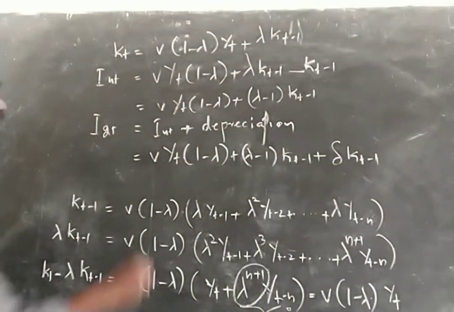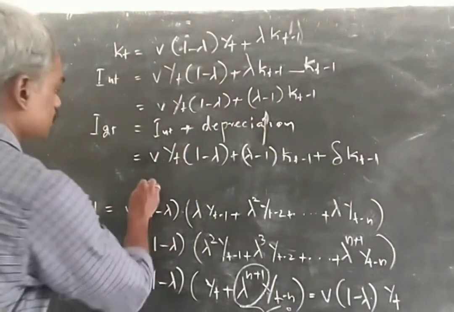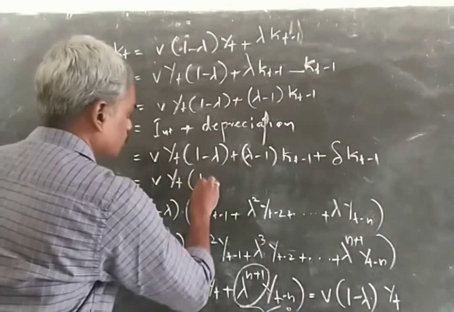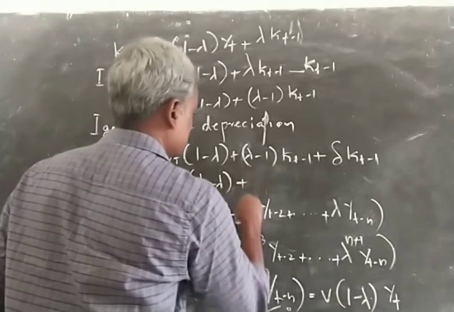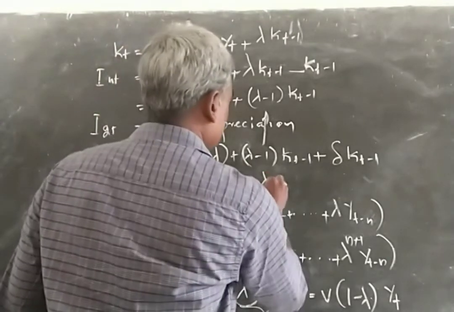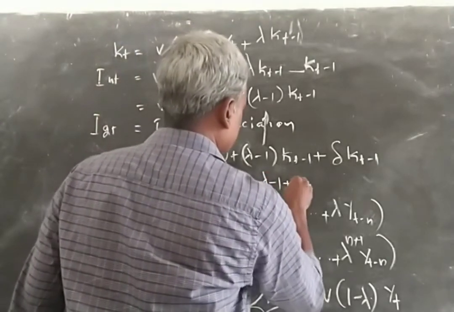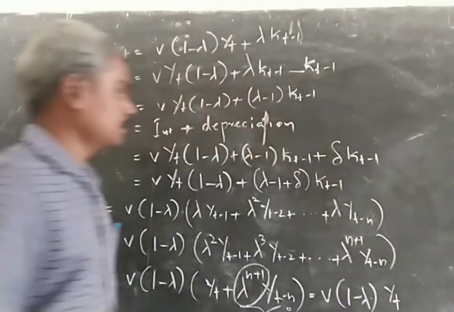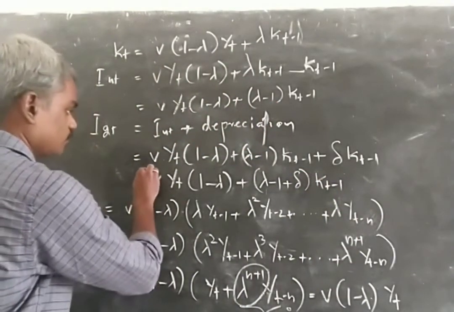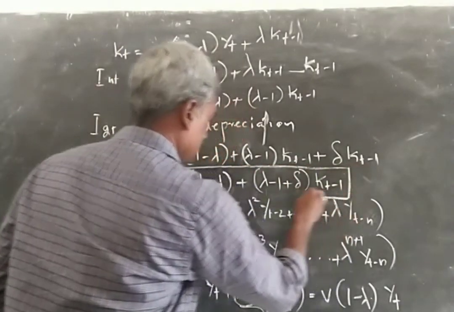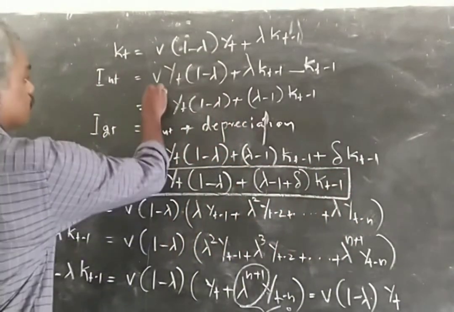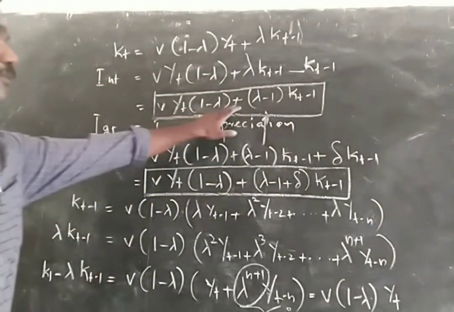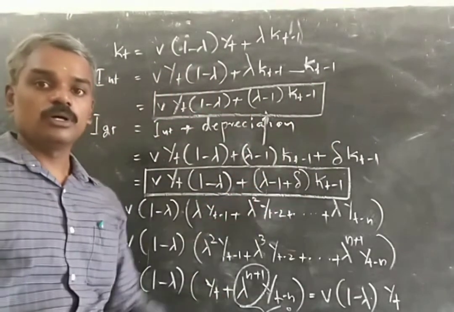So this equation again can be changed into nu into Yt into 1 minus lambda plus lambda minus 1 plus delta into Kt minus 1. This is the term for net investment, and this is the term for gross investment.